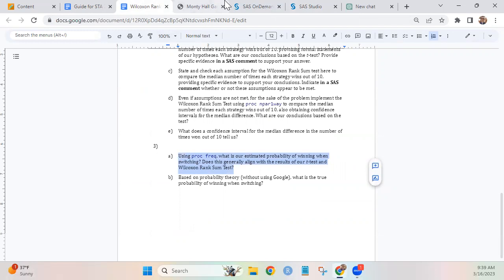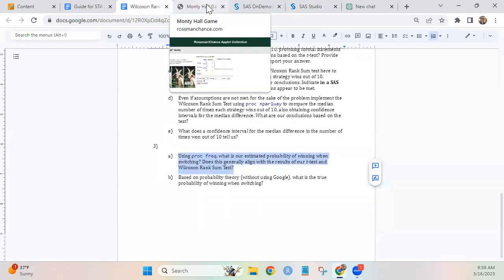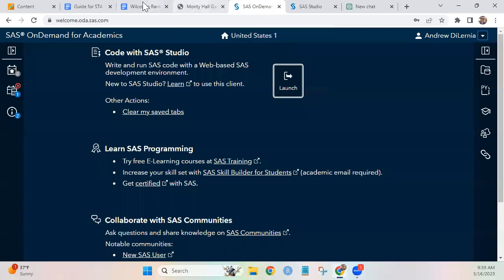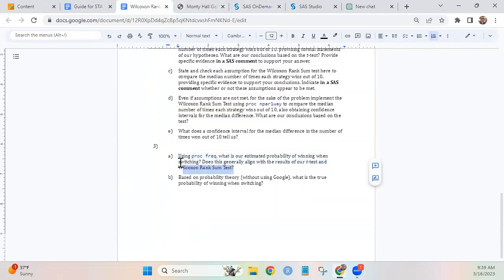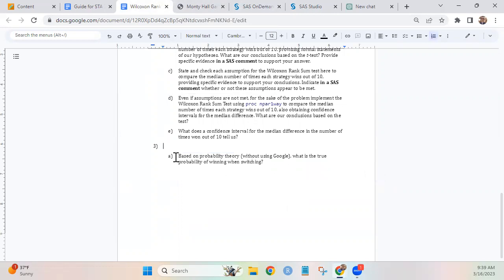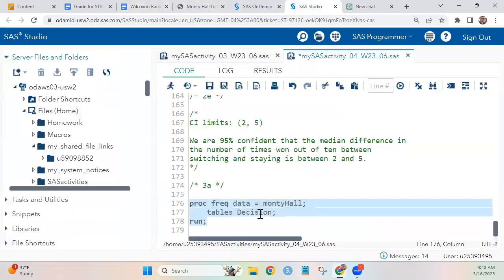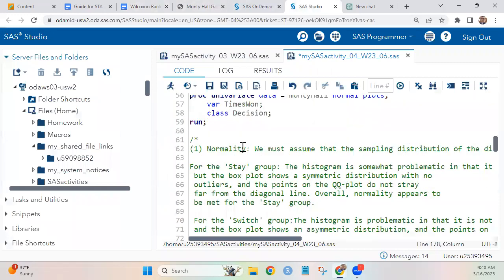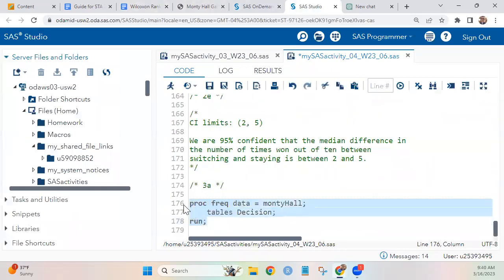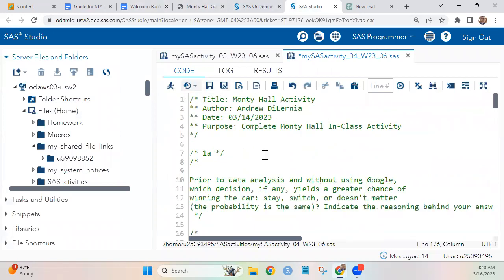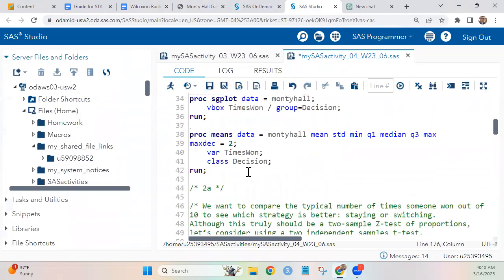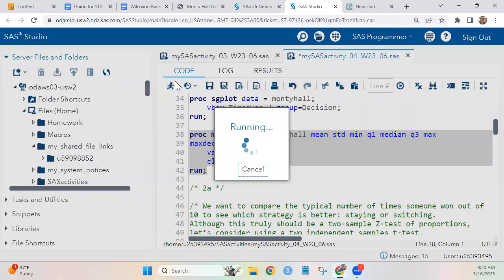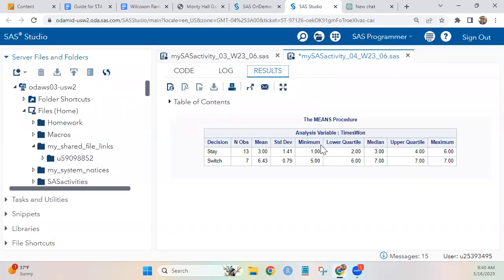I think what actually makes sense is to look at the proc means that we looked at earlier. That gives us the average number of times. So yeah, we're scrapping this. So I'll get rid of that. Okay. Actually, the proc means that we ran earlier gives us the proportion of times that people won. A little bit strange.